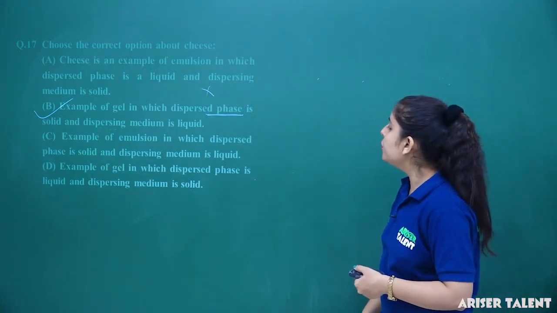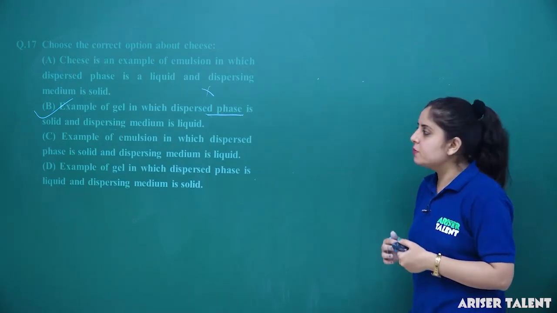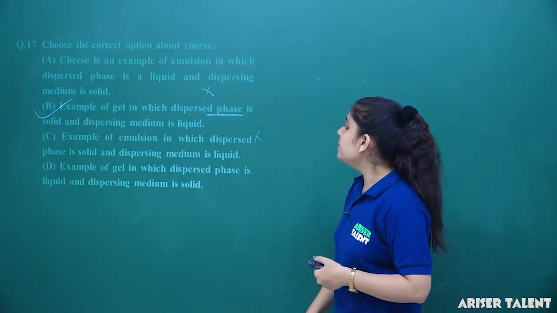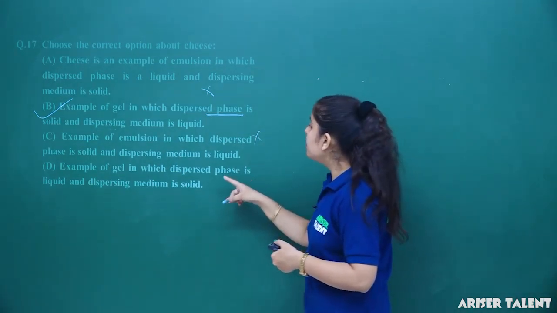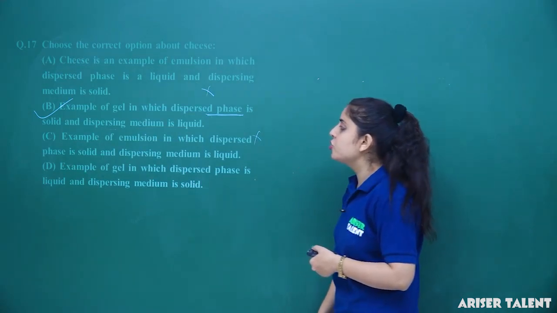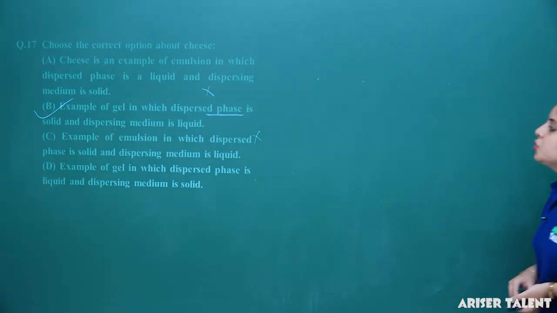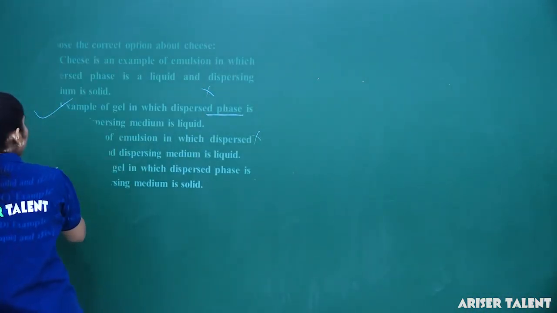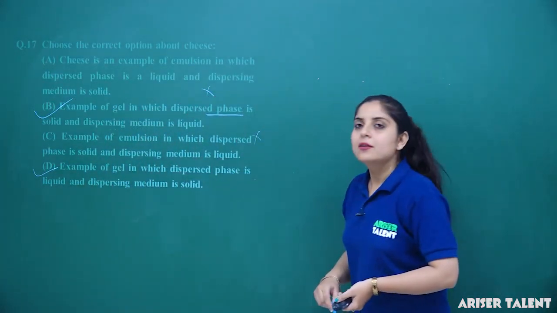So you do not need to read other statements, but you have to read the other statements too. Example of emulsion, cheese is not an emulsion. Example of gel, in which dispersed phase is liquid and dispersion medium is solid. So this also seems a correct option, but only one among these will be correct here.